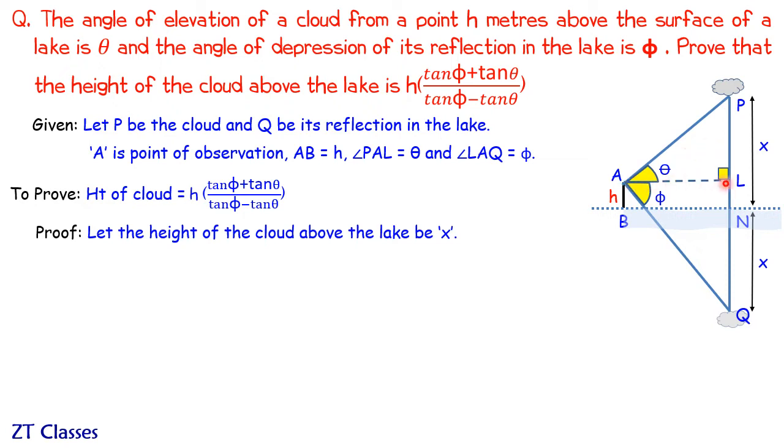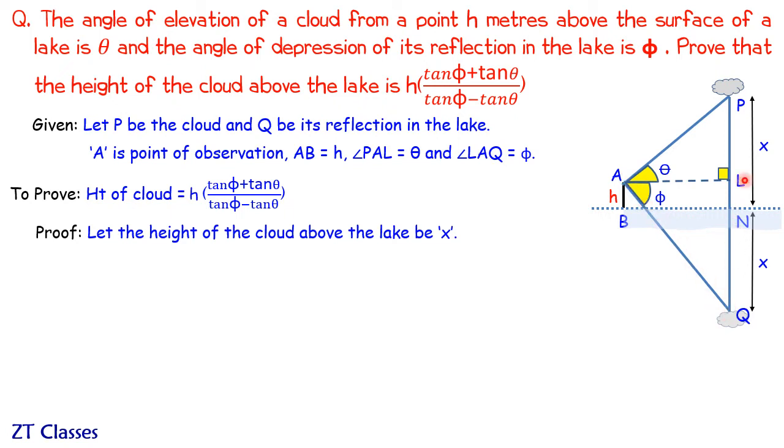Here AL is unknown, but PL is nothing but x minus LN, and LN is the same as h. So basically PL will be x minus h. In this triangle we'll find the value of AL in terms of theta and x minus h. In the same way, the second triangle we'll use is triangle ALQ.